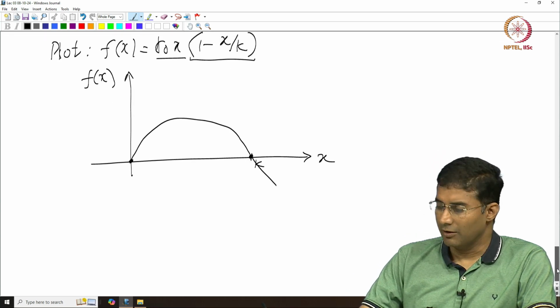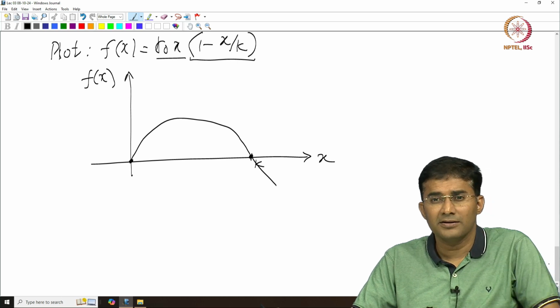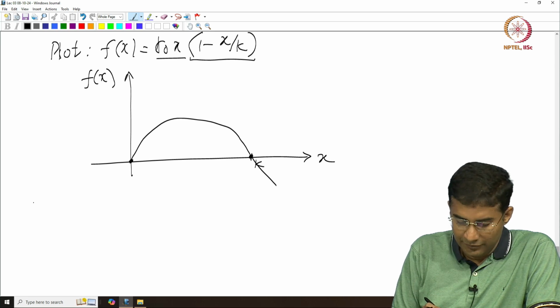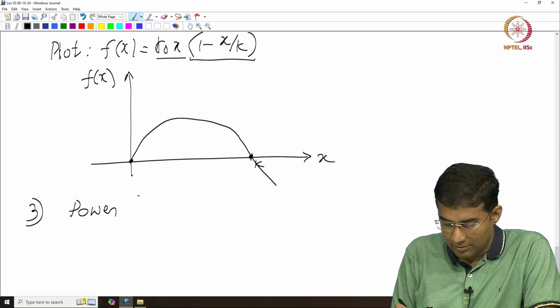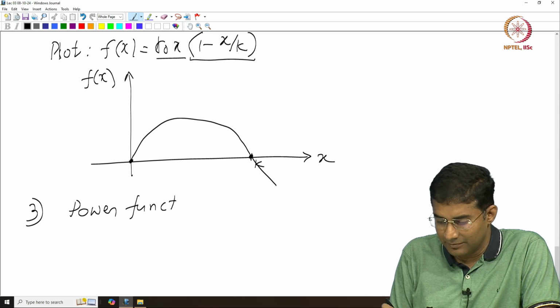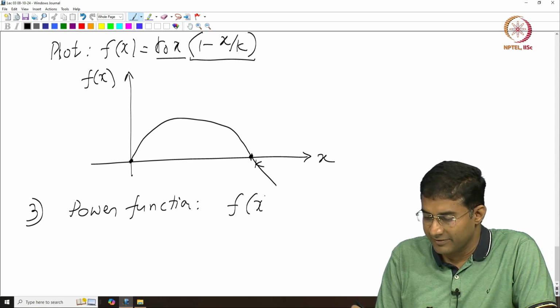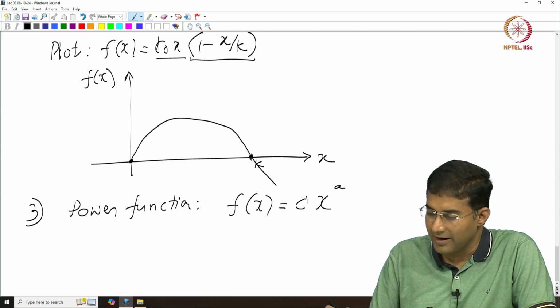Okay. So, having learnt straight line and quadratic equation, let us now move on to another function that we often use, which is a general power function, where f of x is some constant times x power a.